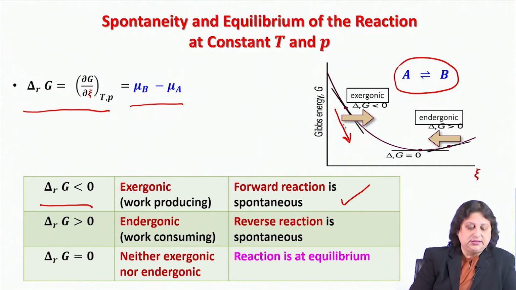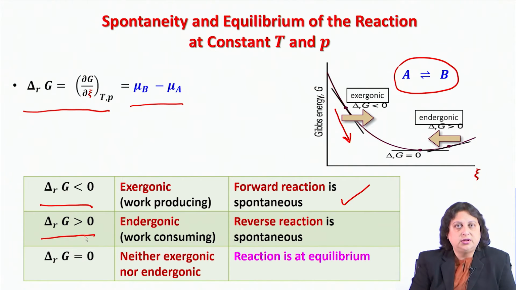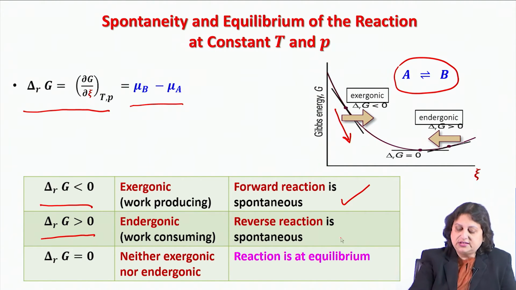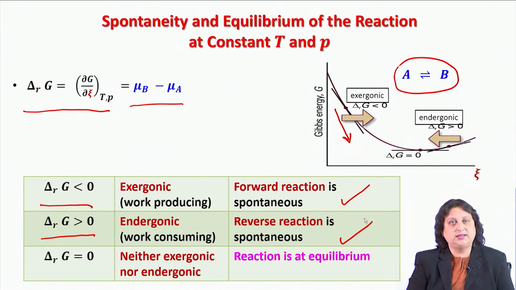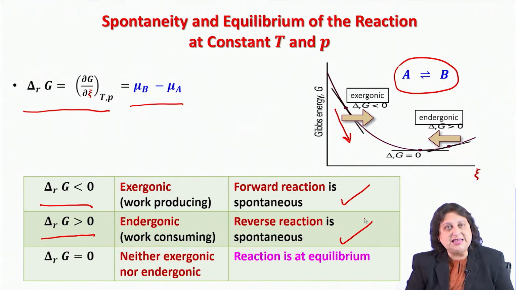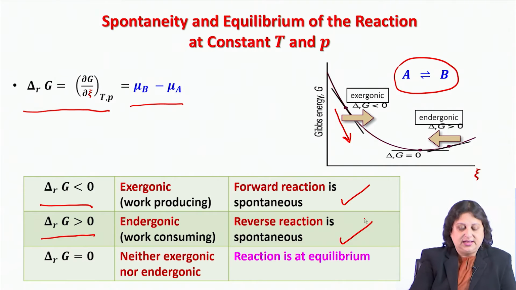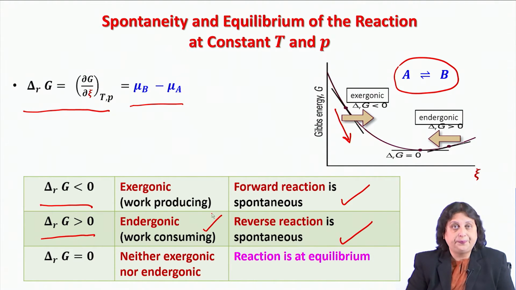Now, if I have a situation where delta R G is greater than 0, I understand the reverse reaction is going to be spontaneous, and therefore the reaction that I see here under such conditions is endergonic or work consuming.